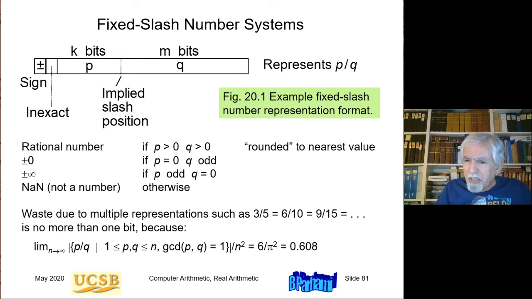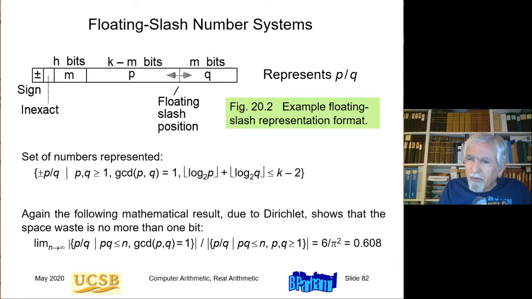But that simplification is non-trivial and computationally intensive, and therefore it creates much overhead. So this scheme has not been widely used in practice. It has its applications, but it's not a commonly used method. We can also have a floating slash number system, where the location of the slash is not fixed, but determined by this parameter m, which is similar to the exponent in a floating point number.